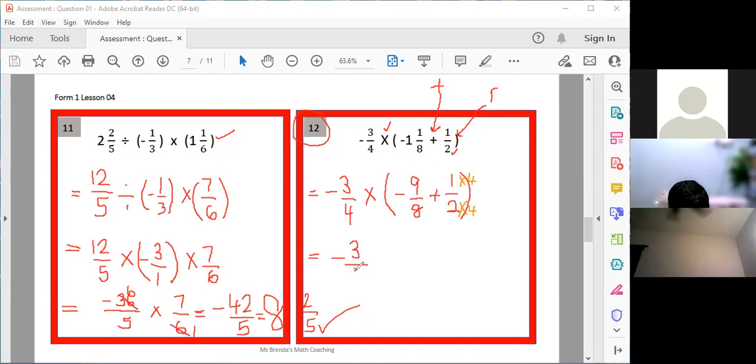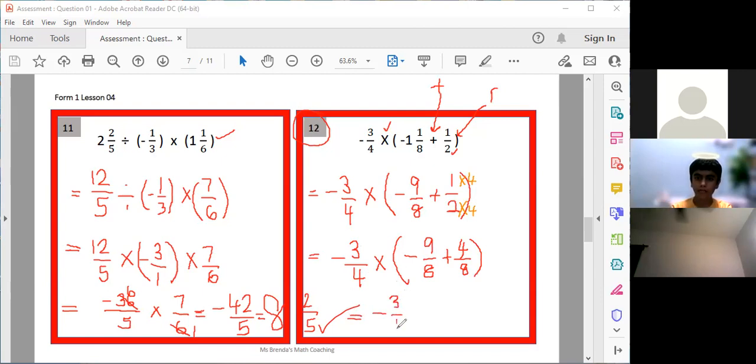Why do I give you so much space? Copy back. Times, open that bracket, -9/8 plus 4/8. Do you understand? Now, my question for you would be, continue, -3/4 times with what is now -9 plus 4?